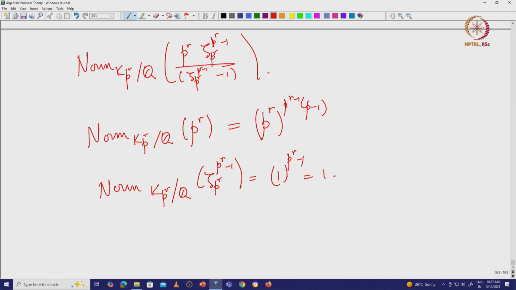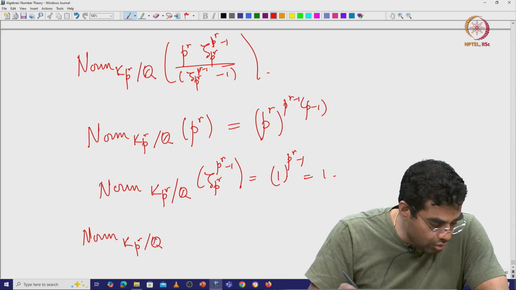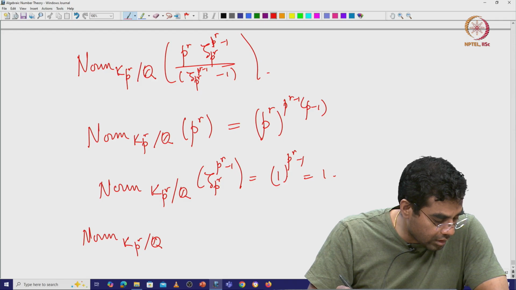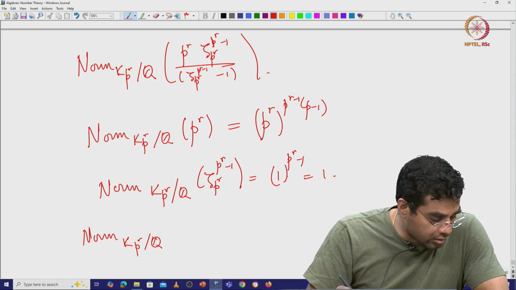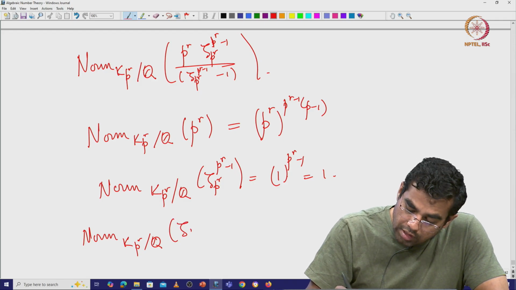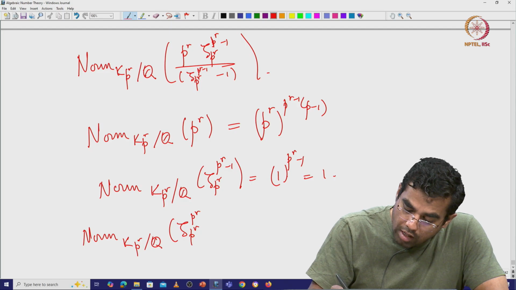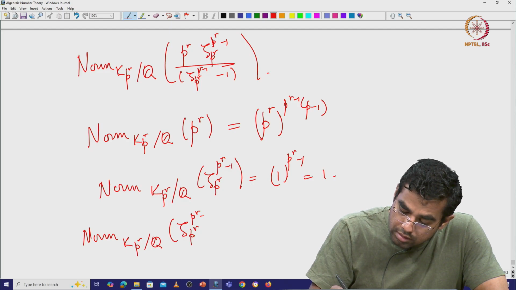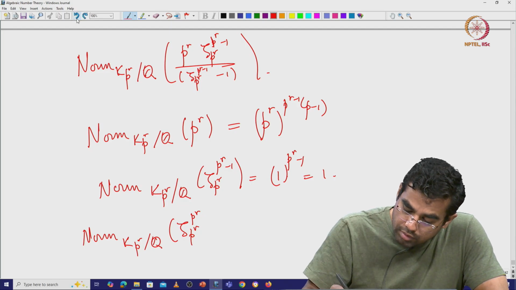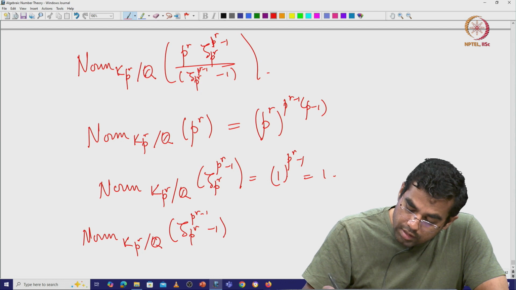You can make an even more precise statement, and then the norm of K_{p^r} over Q of ζ_{p^r} − 1, to the power p^{r-1}(p−1) − 1.